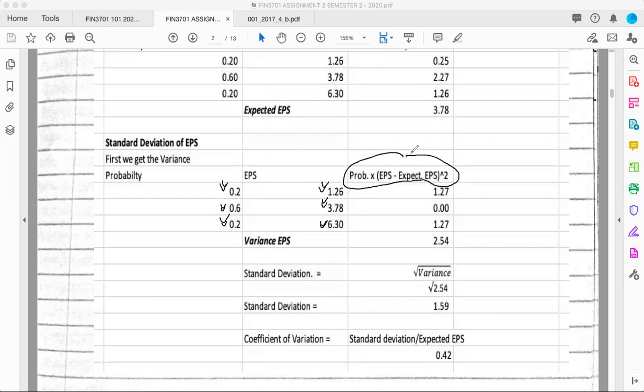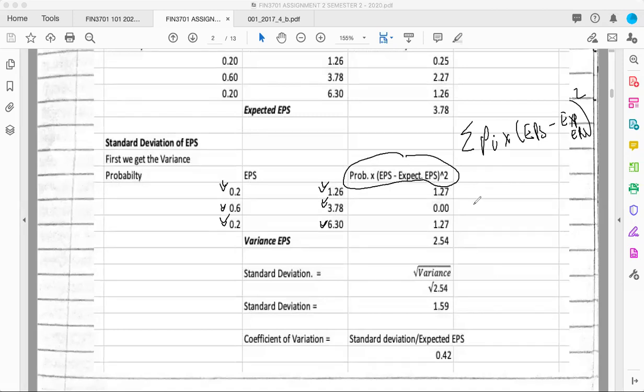This is also another formula from FIN3701. The formula says to get the variance, we take each probability multiplied by each EPS minus the expected EPS squared, and then we add the answers up.